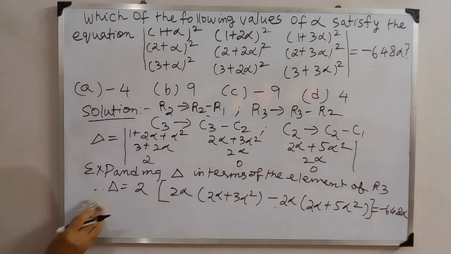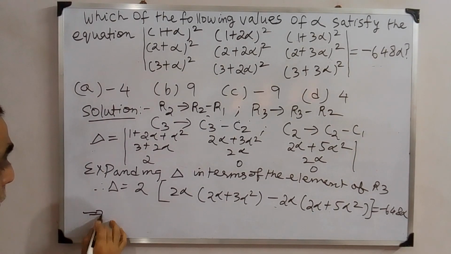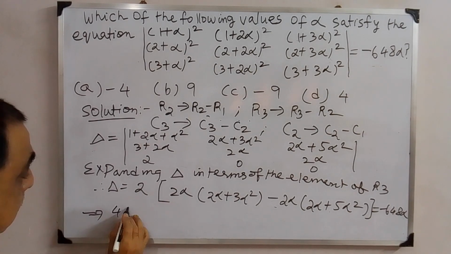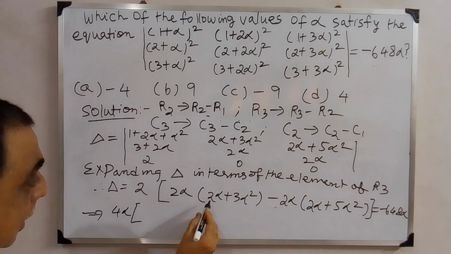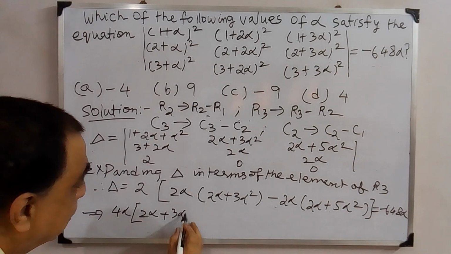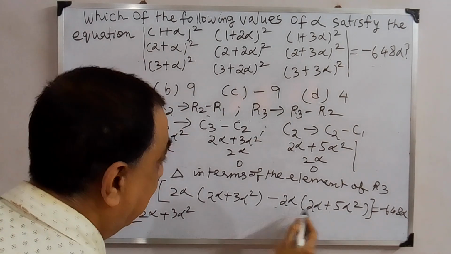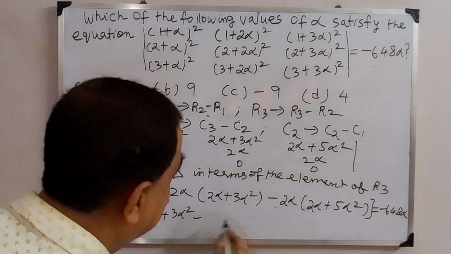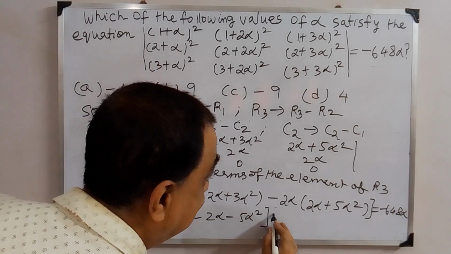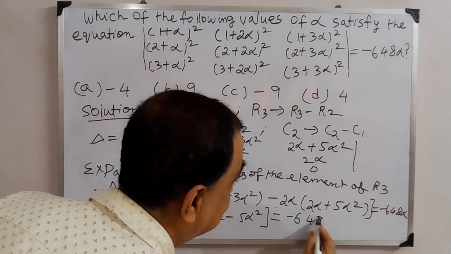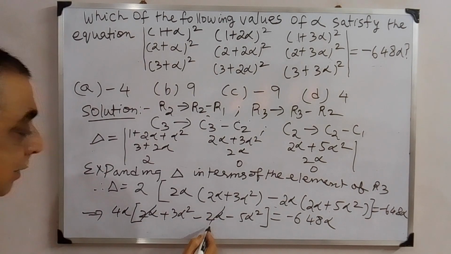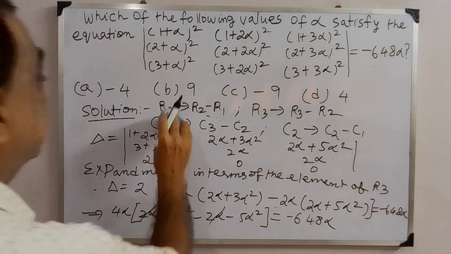Now you simplify this. I am taking 2 alpha common out from these two, so 2 into 2 alpha becomes 4 alpha. And open the brackets now: 2 alpha plus 3 alpha squared, and here there is a minus sign outside, so the sign will change: 2 alpha minus 5 alpha squared, equals minus 648 alpha. Here 2 alpha minus 2 alpha is cutting out. Now simplify further.